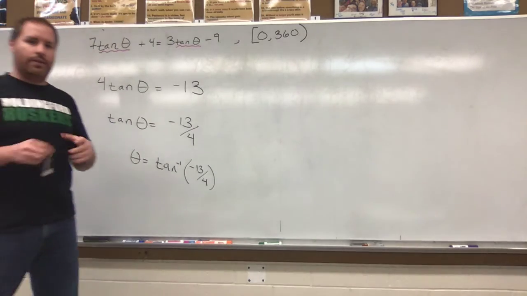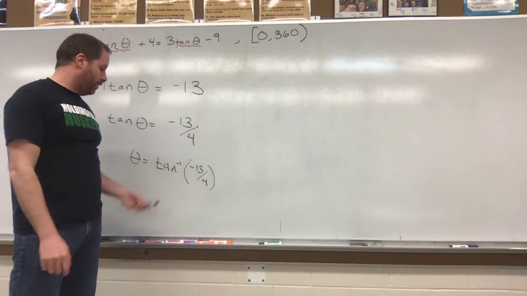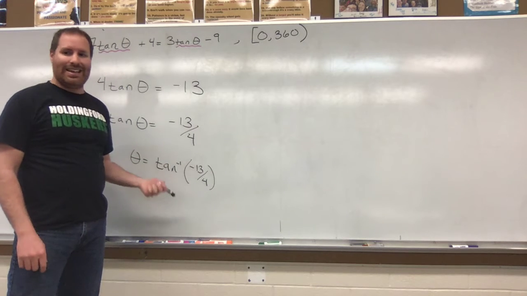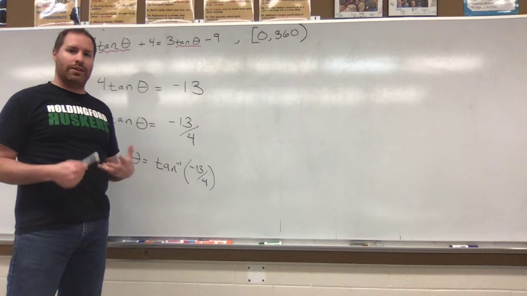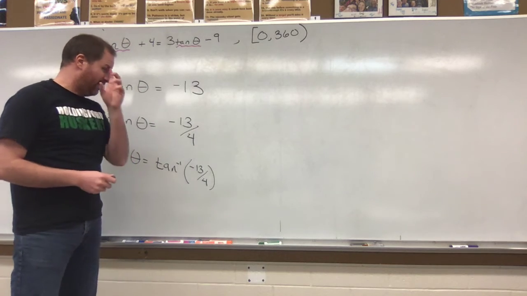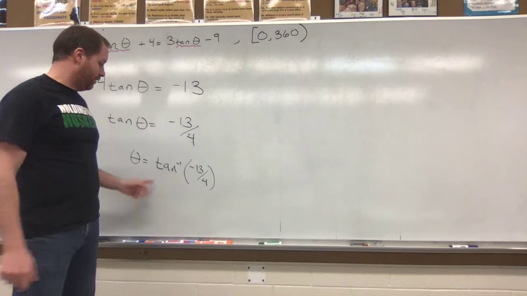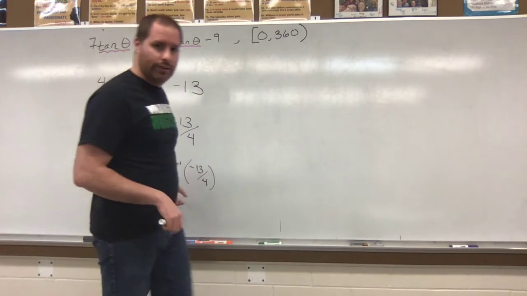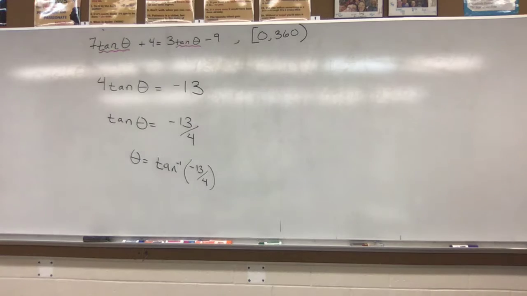And using a little bit of our knowledge from before, we know from the limitations on this that it is going to give you a negative answer when you plug that into your calculator. I've got to go grab my calculator so we can check on what that answer is going to be. You guys can plug it into your calculator and then check on mine. I'll be back in just a second.